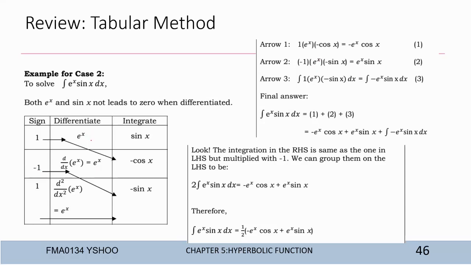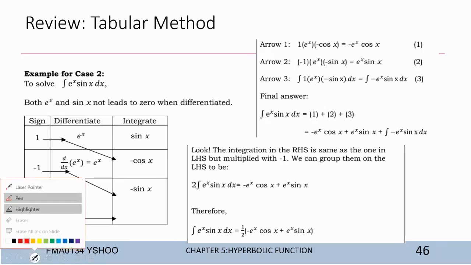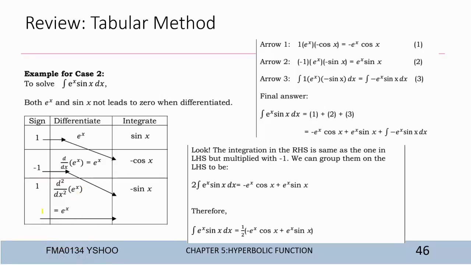The third row is very special, so please be alert: this one you go horizontally, not diagonally. You have 1 multiplied by e^x multiplied by sin x, and you need to put the integral dx for row 3.